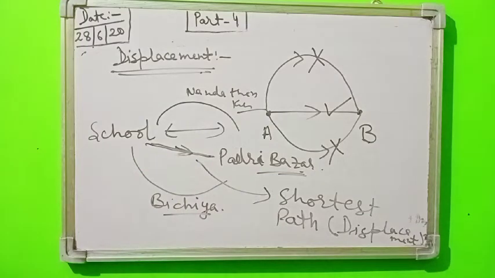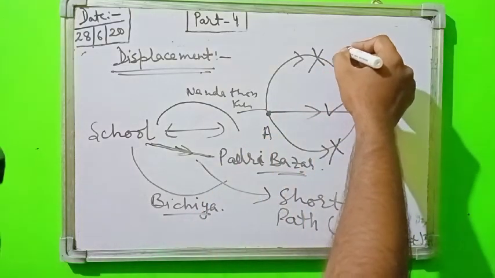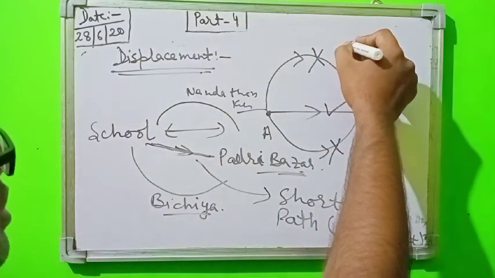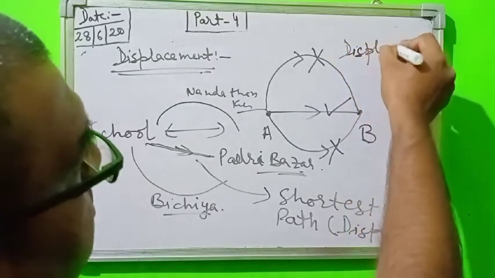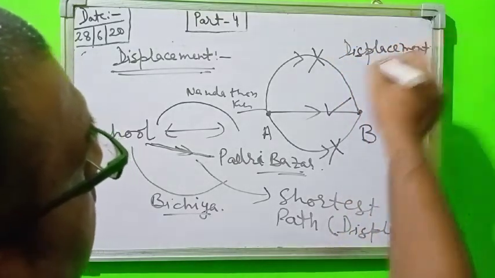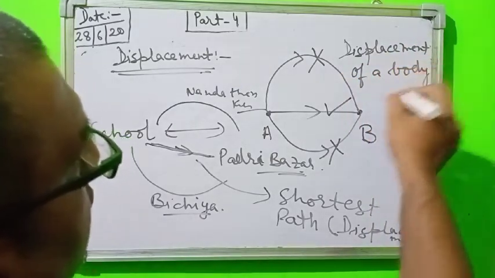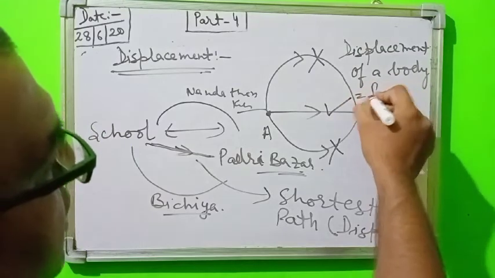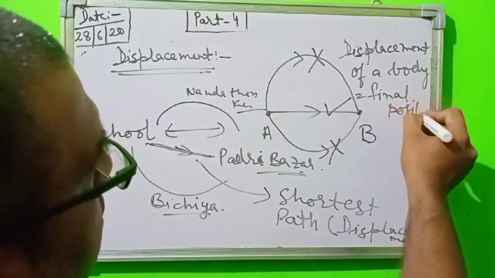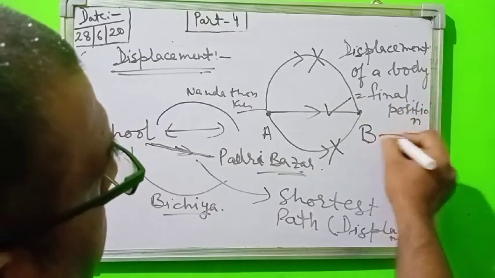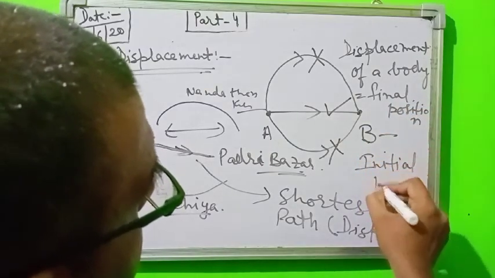So the displacement of a body is equal to final position minus initial position.